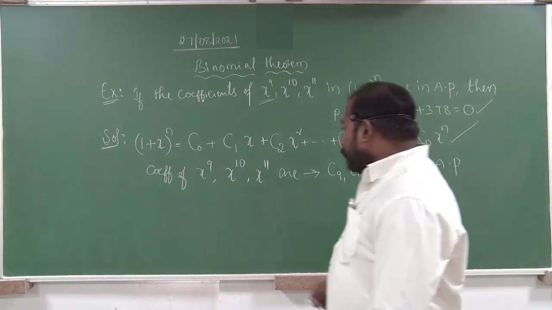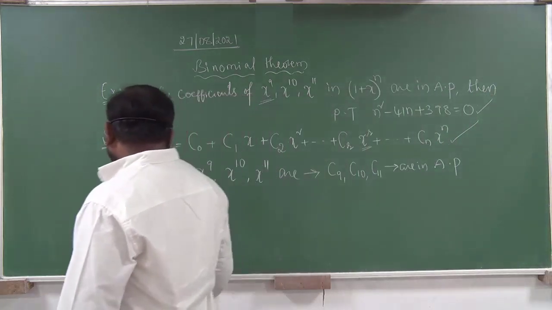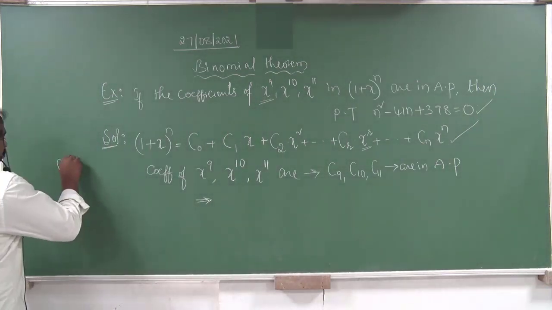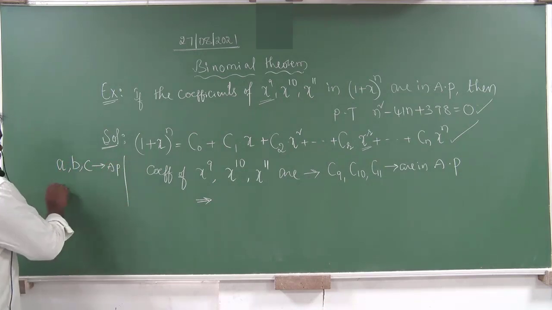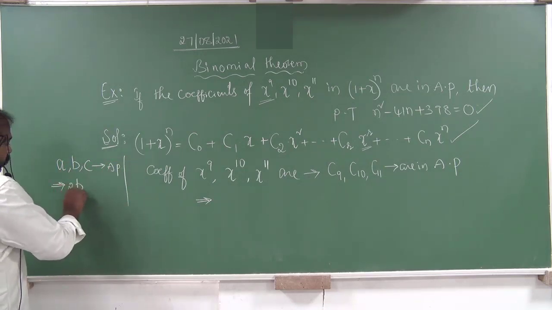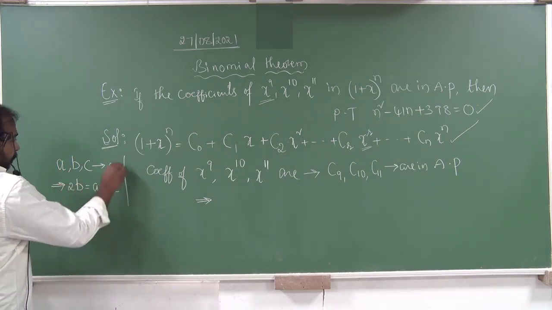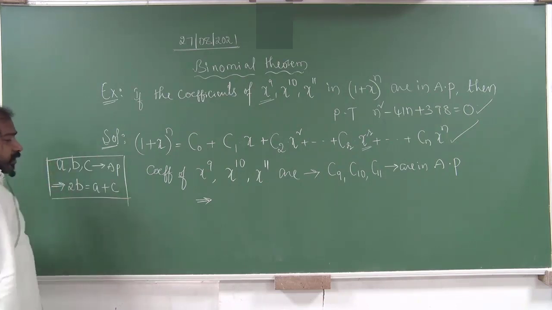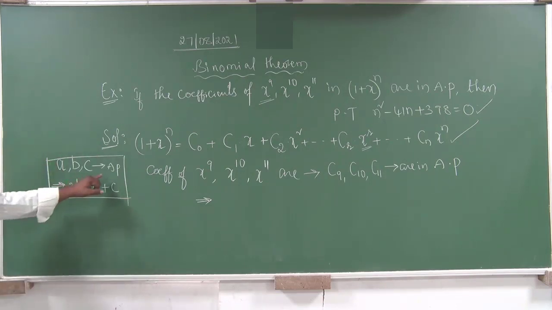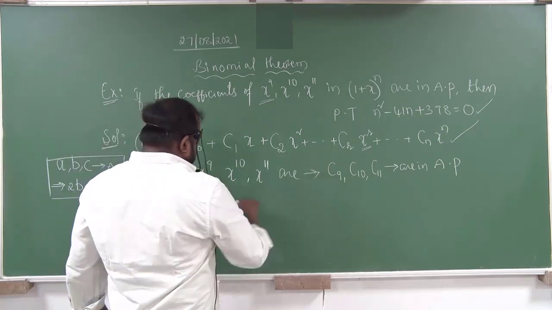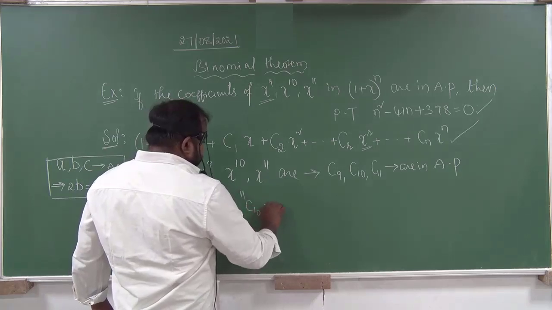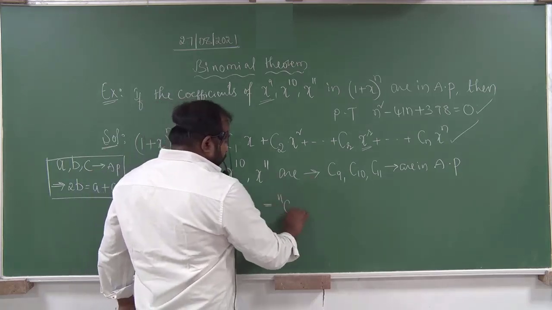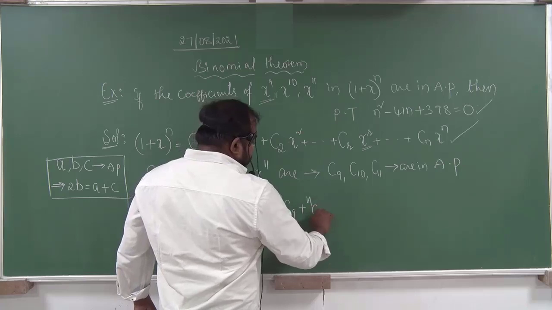Arithmetic progression means, listen, if a, b, c are in AP, then what is the condition? 2b equals a plus c. This is the condition. If a, b, c are in arithmetic progression, 2b equals a plus c. So here you will get 2 times nC10 equals nC9 plus nC11.